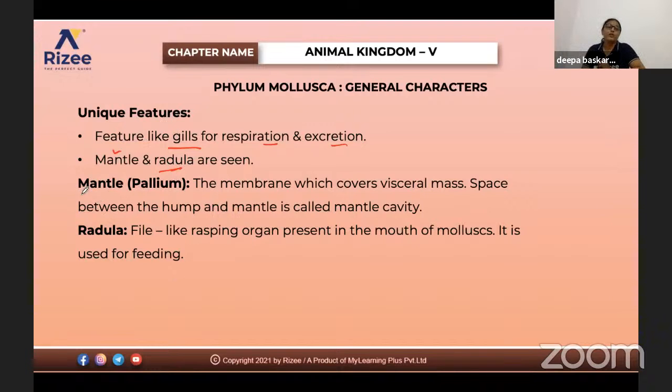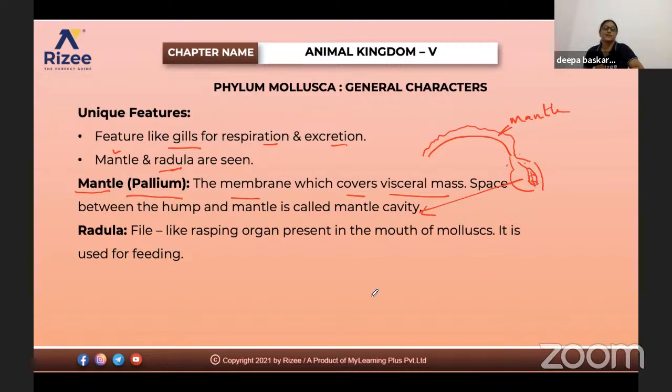What do you mean by mantle or pallium? The membrane which covers the visceral mass. Above the visceral mass, we have a membrane-like structure called the mantle. The space between the hump and mantle is called the mantle cavity, which has gills for respiration.